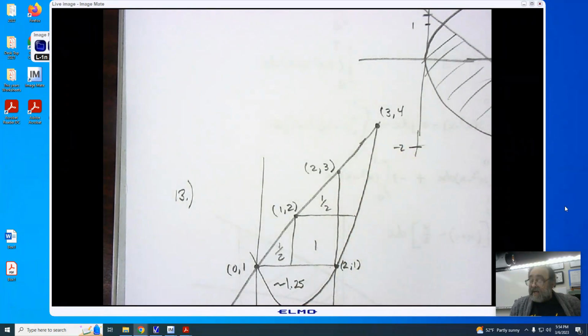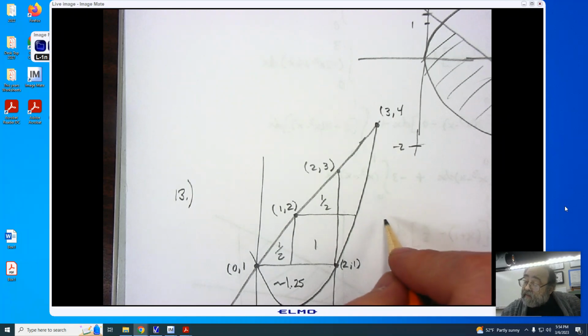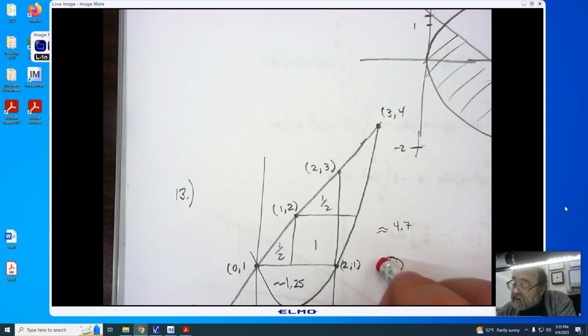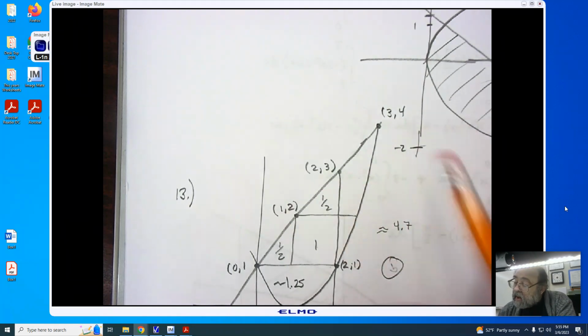And I can pretty much see that that's not going to exceed about 1.5. So I'm going to say that the overall area would probably be somewhere around 4.7. And therefore my closest answer is D, and if you recall, D is our choice for 4.